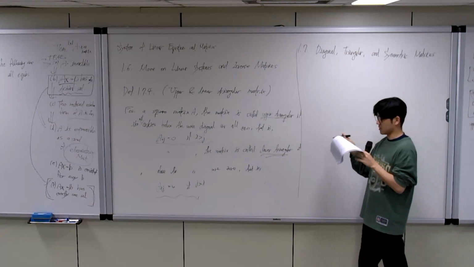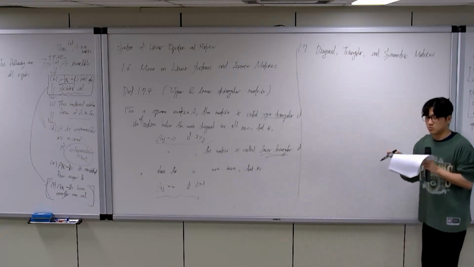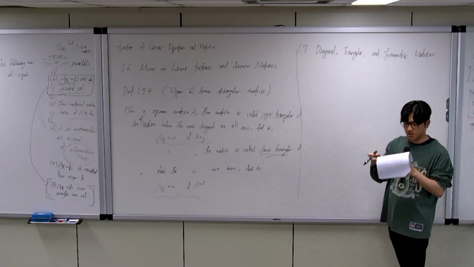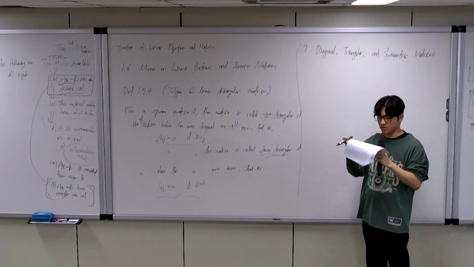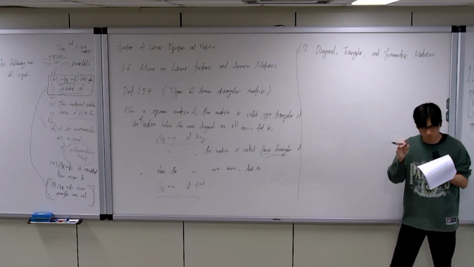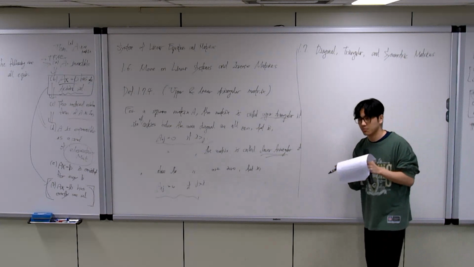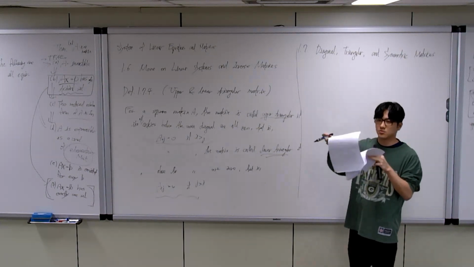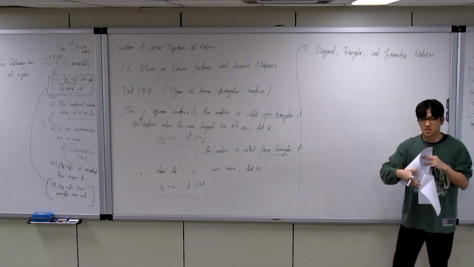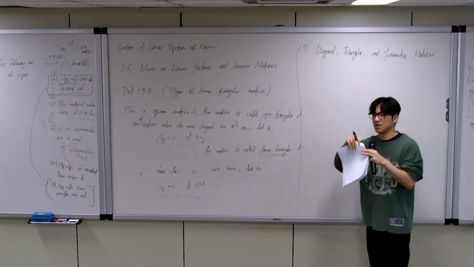And in this sense, the inverse of an invertible lower triangular matrix will also be lower triangular. If you have learned about the adjoint matrix, then its proof will be easy.